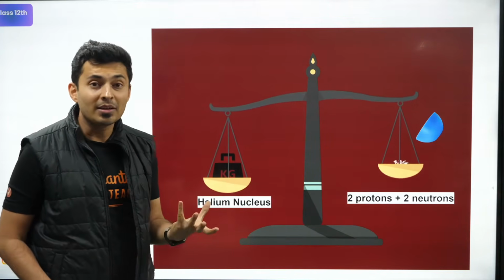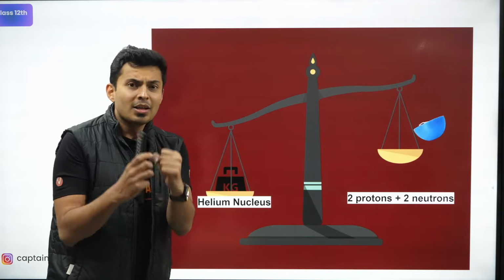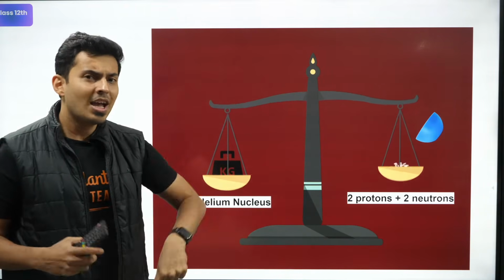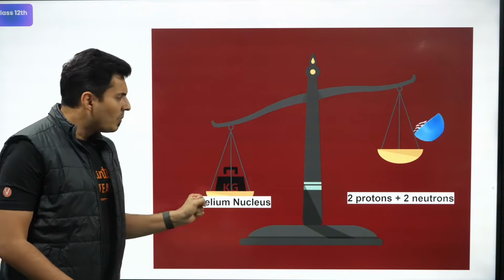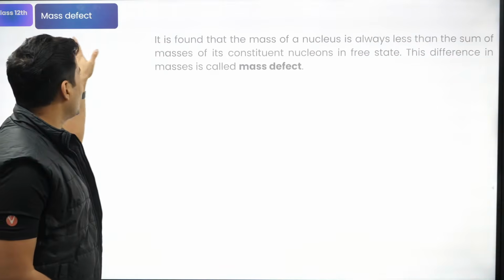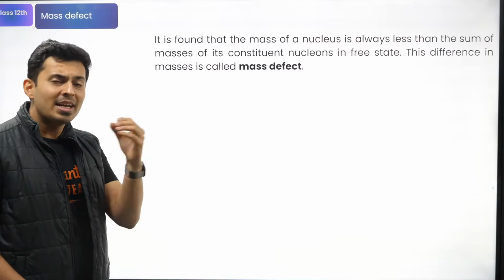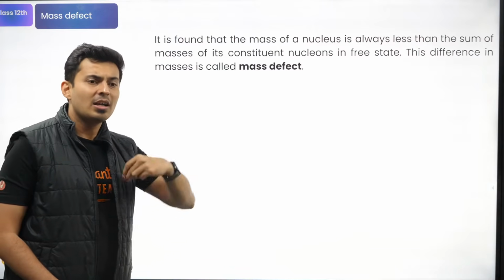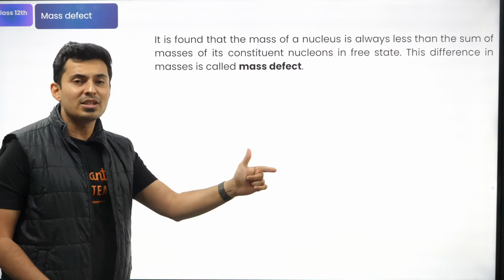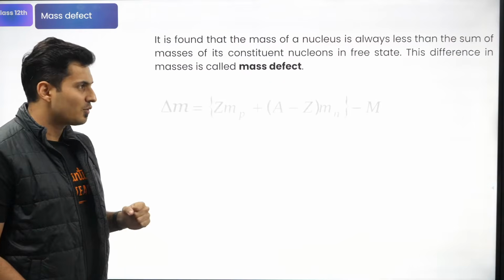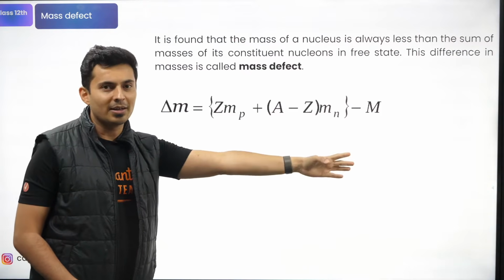How does this happen? When these particles come together, there is some mass which is lost, and this mass which is lost to make up the nucleus is called the mass defect.